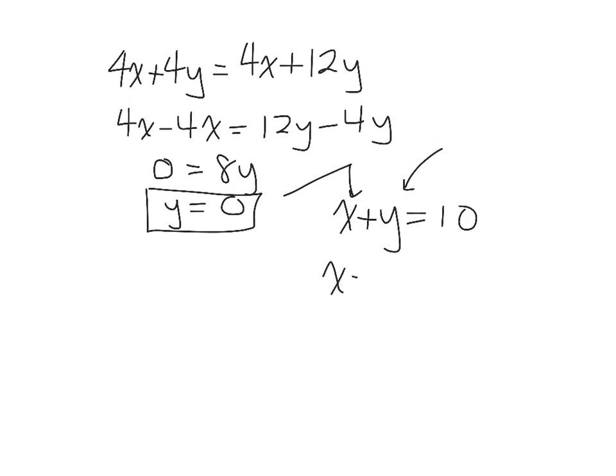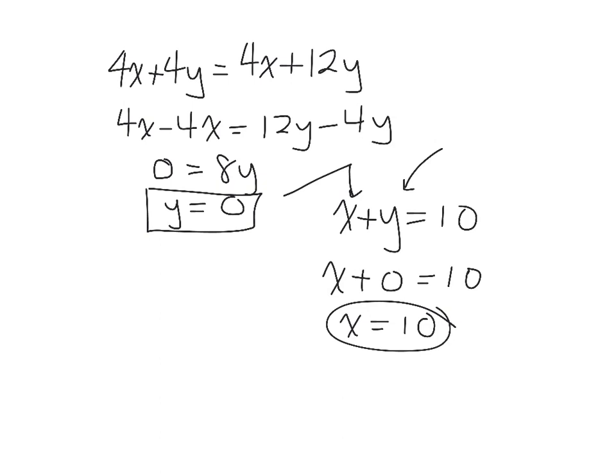So we have x plus 0 equals 10, x must equal 10. And so in order to minimize the cost, given the constraint that this company must produce a total of at least 10 kits, the allocation should be 10 small first aid kits and no large first aid kits.